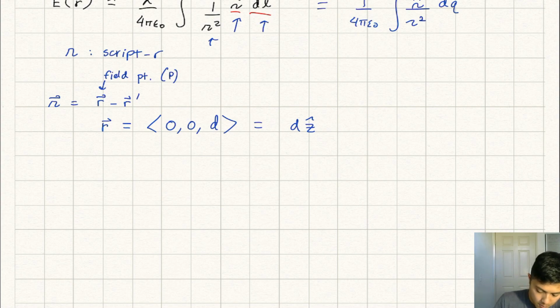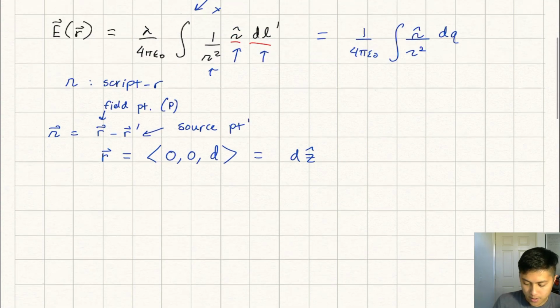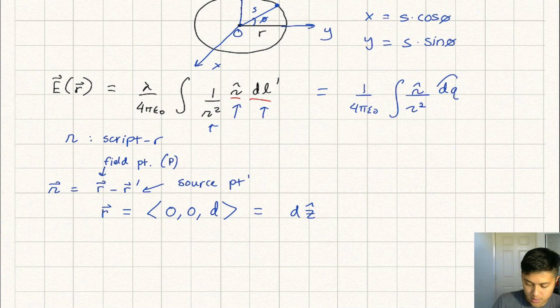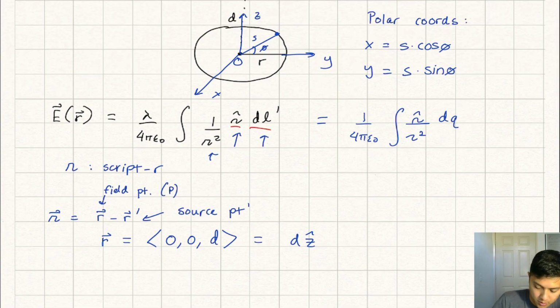Now what is this r prime? This is the source point. The source point is anywhere a source charge dq is located, and that means anywhere on this ring. Let's call this point r, and we want a vector that describes any general point on this loop.